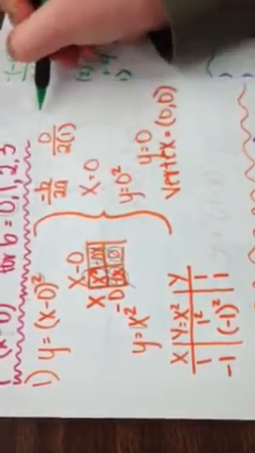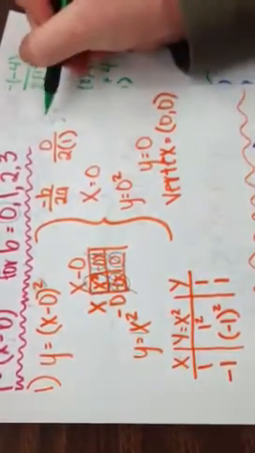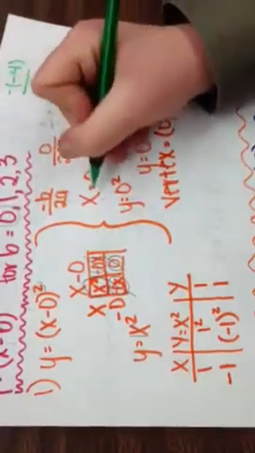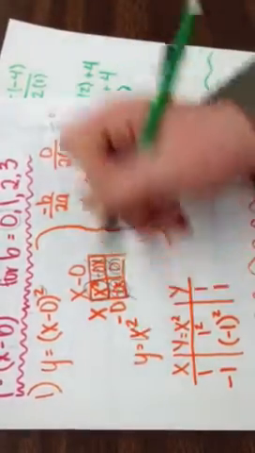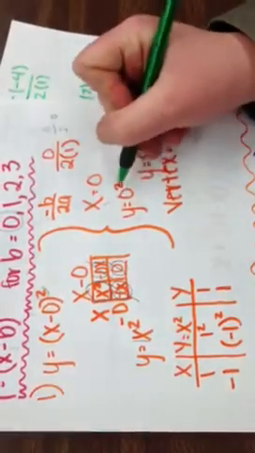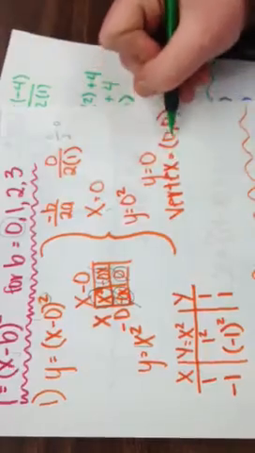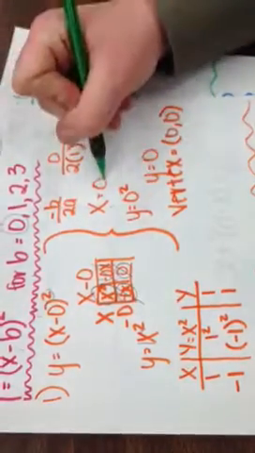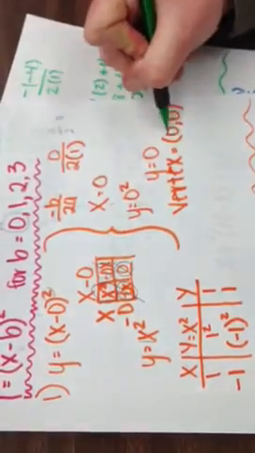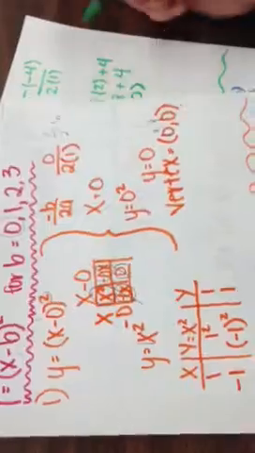So our solution is 0 over 2, which is 0. So x equals 0. Now you have to plug in x for the original problem. So y equals 0 squared, which equals 0. So our vertex is 0, 0. This is x and y.